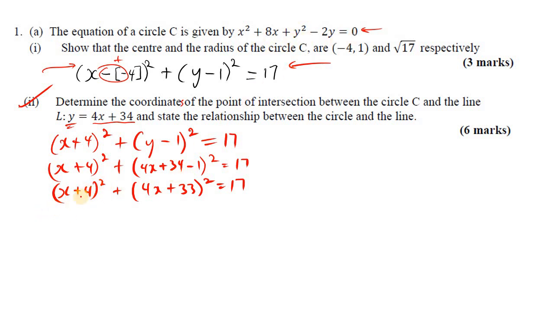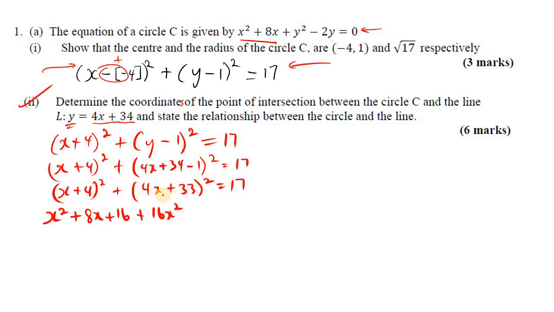To expand x plus 4 squared, we square the first term to get x squared, then multiply the first by the last and double: 4 times x is 4x, doubled is 8x. Then we square the 4, which gives us 16. Then for the other one, the square of 4x is 16x squared.